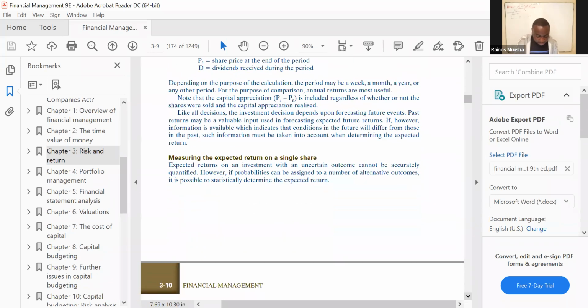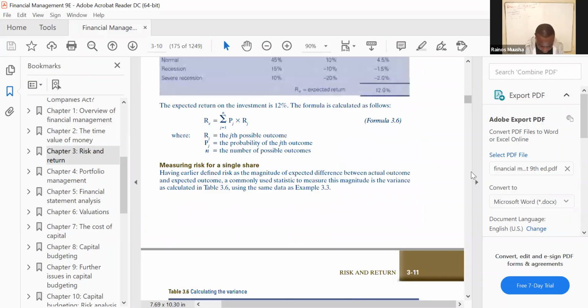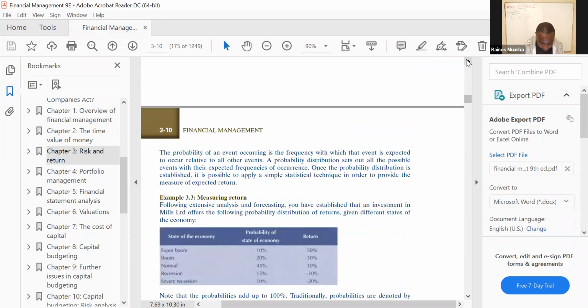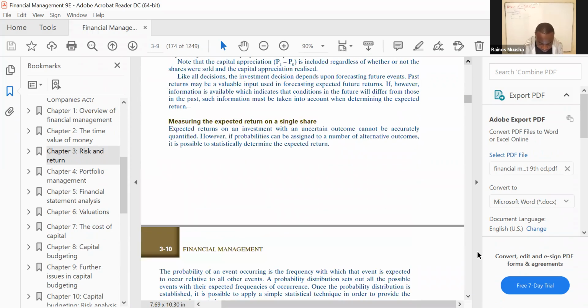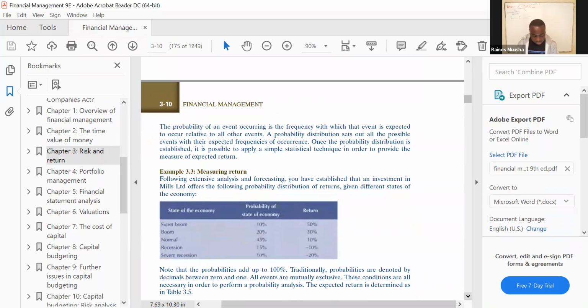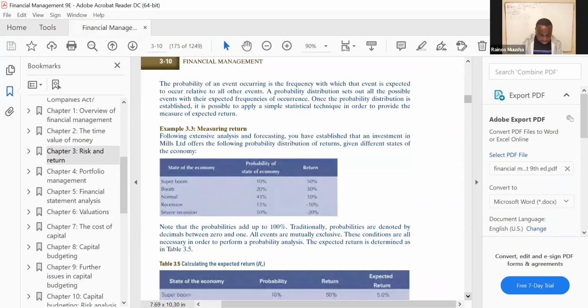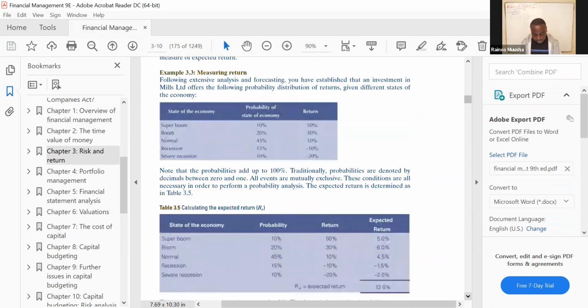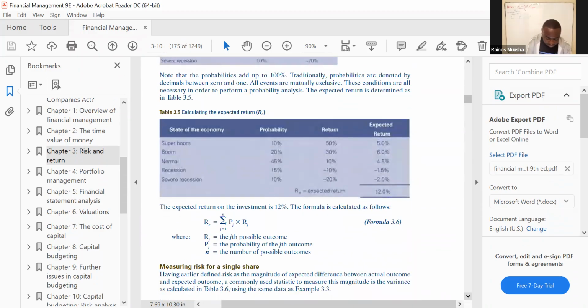When you look at measuring the expected return on a single share, they tell us that the expected return on a single share is given as the sum of the returns multiplied by the probability of earning those returns.